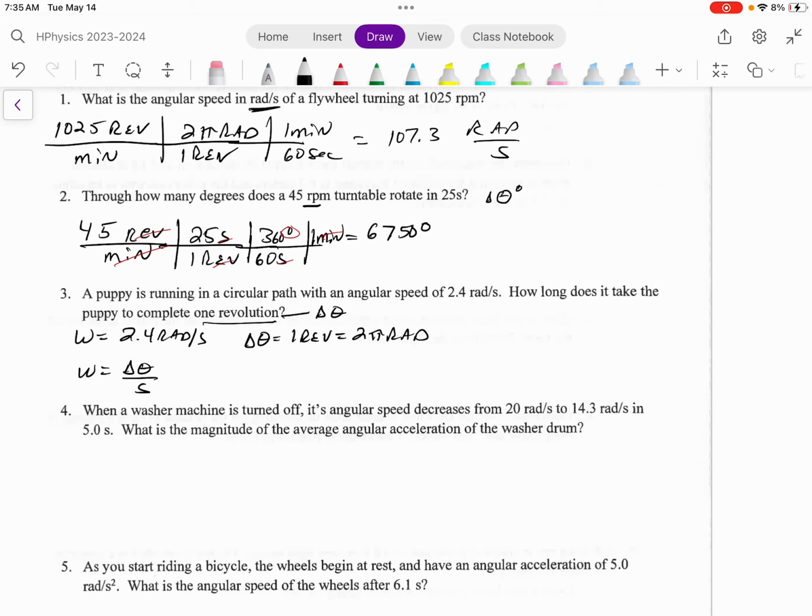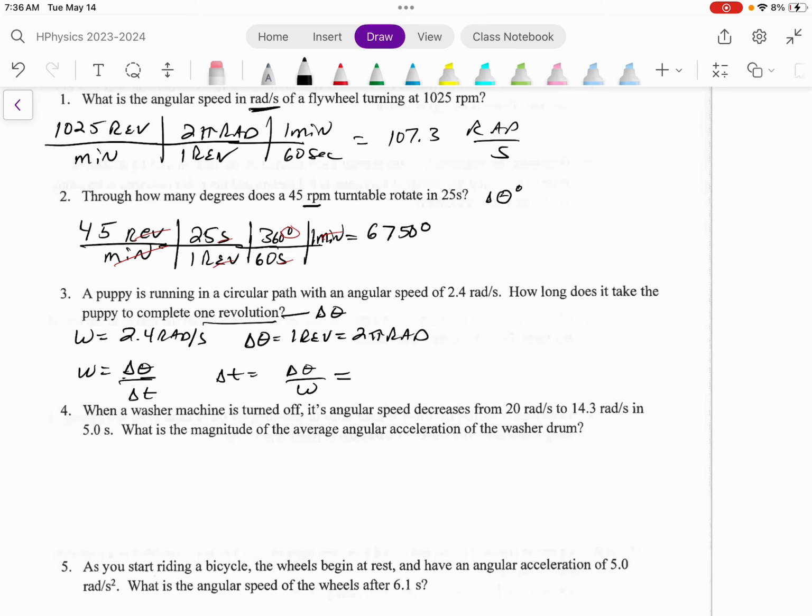So I'm going to rearrange this equation for the angular speed for delta t. How long is what they wanted to know. So we need time. So change in time is equal to the change in position over the angular speed. And all the units have to be correct to get my answer in seconds.